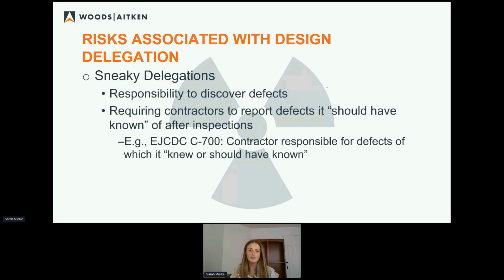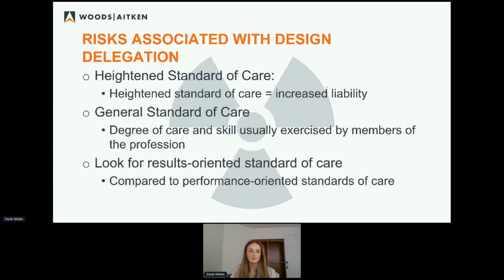So you can see how this could sort of morph itself into a design delegation without even being aware of it. And when you're not aware of it and you have one of these sneaky delegations, you might not put in the time that you would if you were aware that this was your responsibility, and you probably won't have insurance coverage to back you up if something goes wrong.